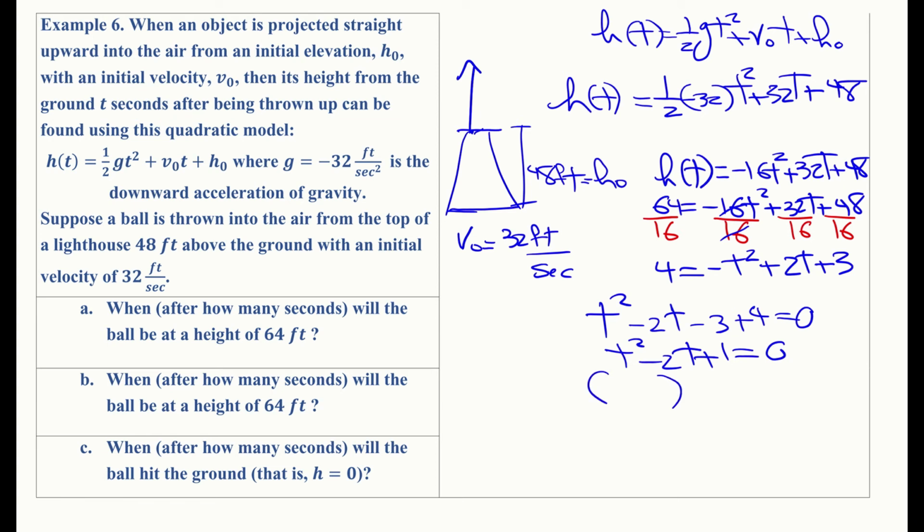So if we go ahead and factor that, we end up with t minus 1 times t minus 1, see? So we don't need to set it equal to 0 twice. We know we're just going to get one t value, and that's 1. So it takes 1 second for the ball to reach a height of 64 feet.